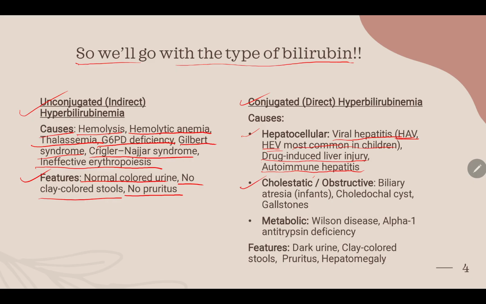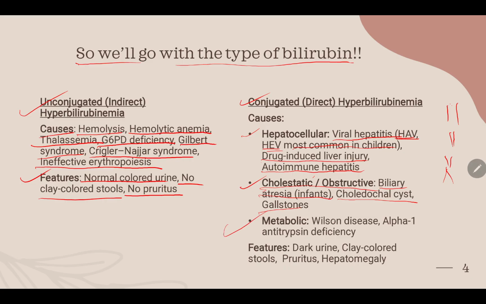Then we have cholestatic and obstructive, that is obstructive jaundice. So it is because of biliary atresia in infants. So the bile duct is constricted in that, and the lumen becomes very narrow. Then choledochal cyst, then gallstones.